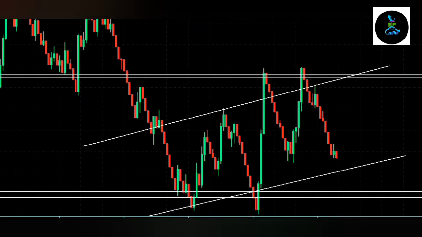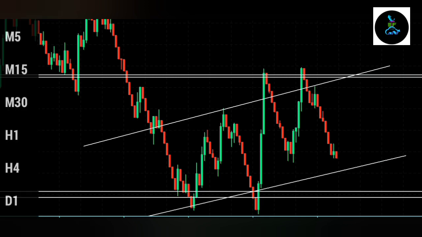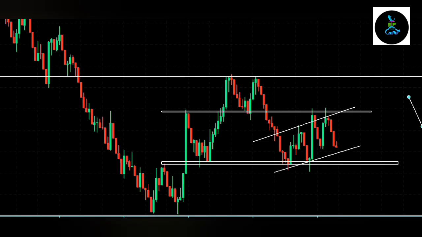Now we are switching to the M5. You have two options: you can switch to the M5 or you can switch to the M15. So now we are back in M15. Here is the M15 time frame, that means the 15-minute time frame.